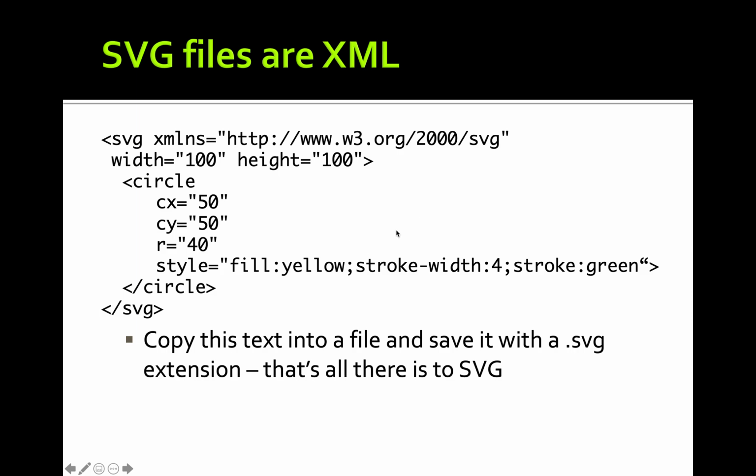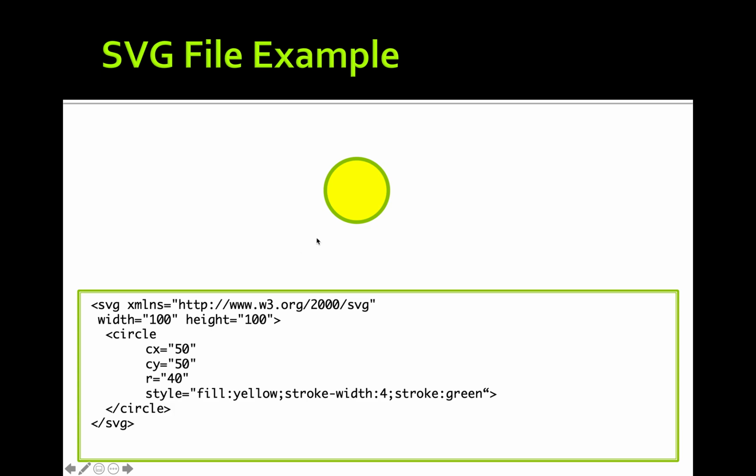If we copy and paste this information into Notepad and save the file as .svg, we can show that circle. It is simple. We are not telling how many pixels there are or what their color information is.